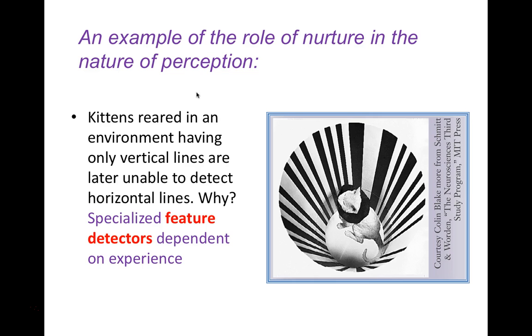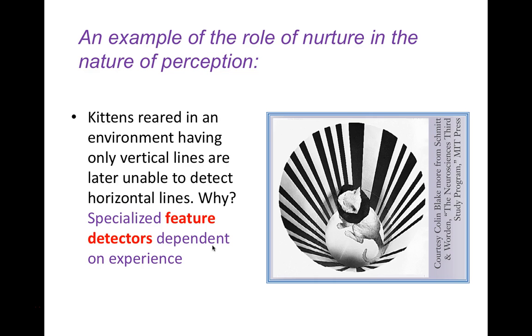Why is that? Well, we've got feature detectors, okay? We and cats have feature detectors for lines, for angles, and things like that. And part of the development of those feature detectors depends on experience, okay?